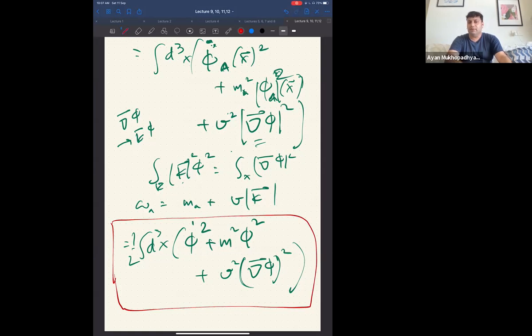Are you with me now? There will be a second term which involves only one derivative, that is a total derivative. So that will integrate out to 0, and you only need the next term. So that's how it comes about. This is how you can get a field describing, for example, the universe.